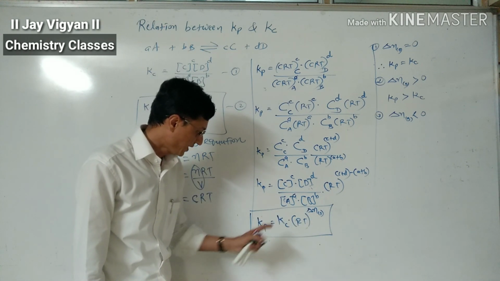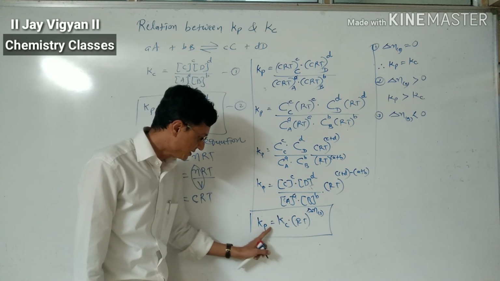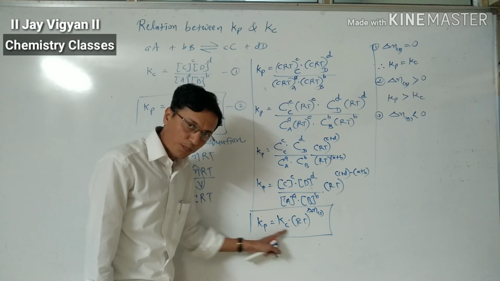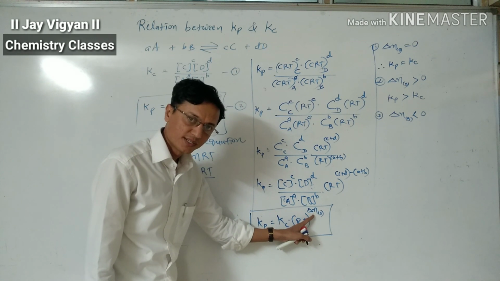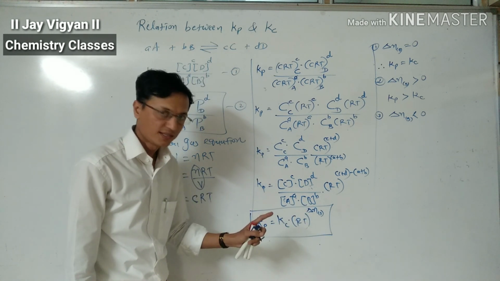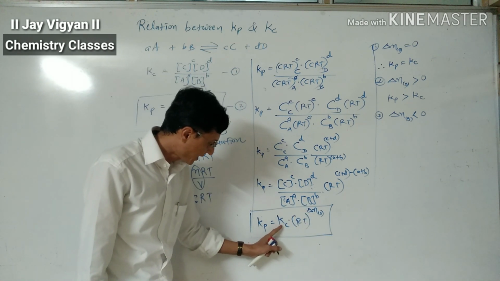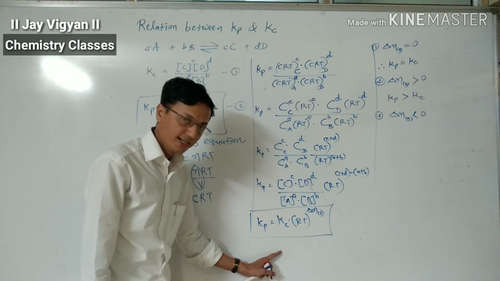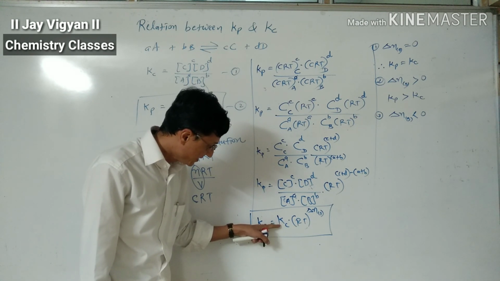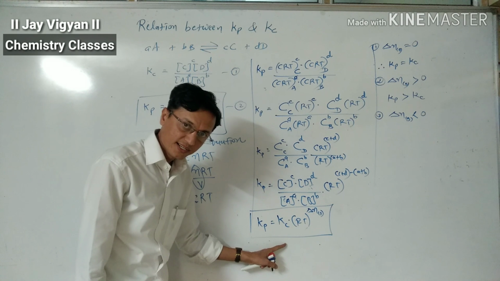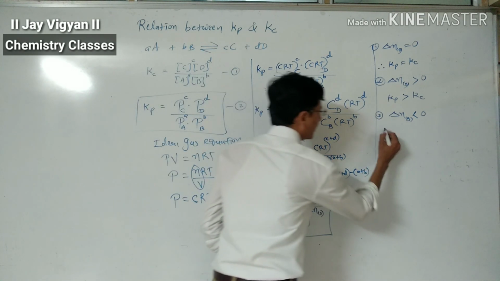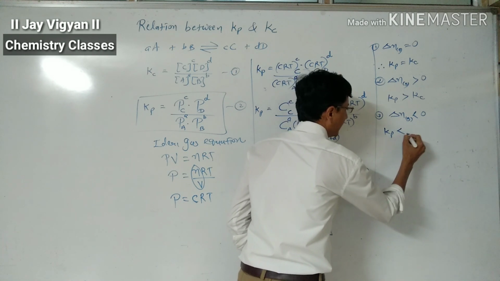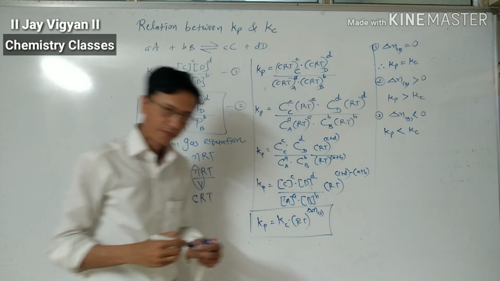So we write Kp is equal to Kc upon RT, because RT raised to -1 is equal to 1 upon RT. It indicates that if we divide Kc by RT, then it will be equal to Kp. In that case, Kp will be less than Kc.